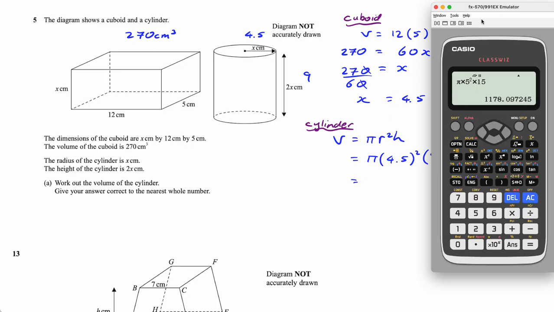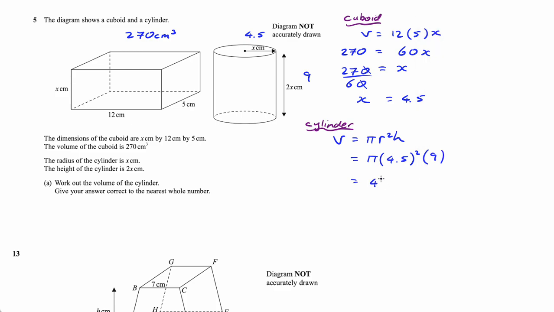Calculator, please. Pi is here, times 4.5 squared times 9 gives me this. He wants it to the nearest whole number, so this time I will go like this, and it's 472.555.